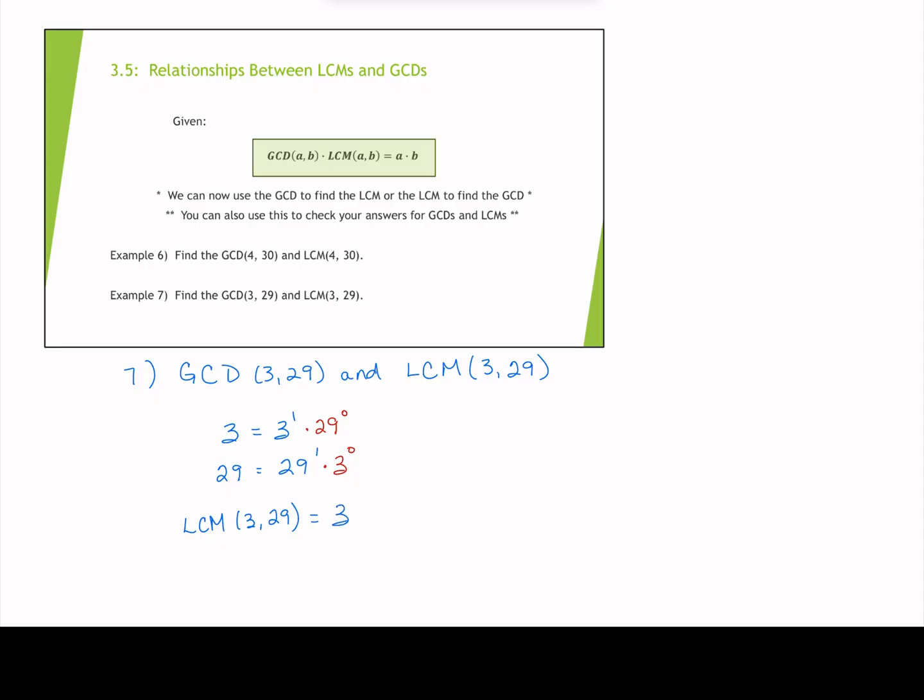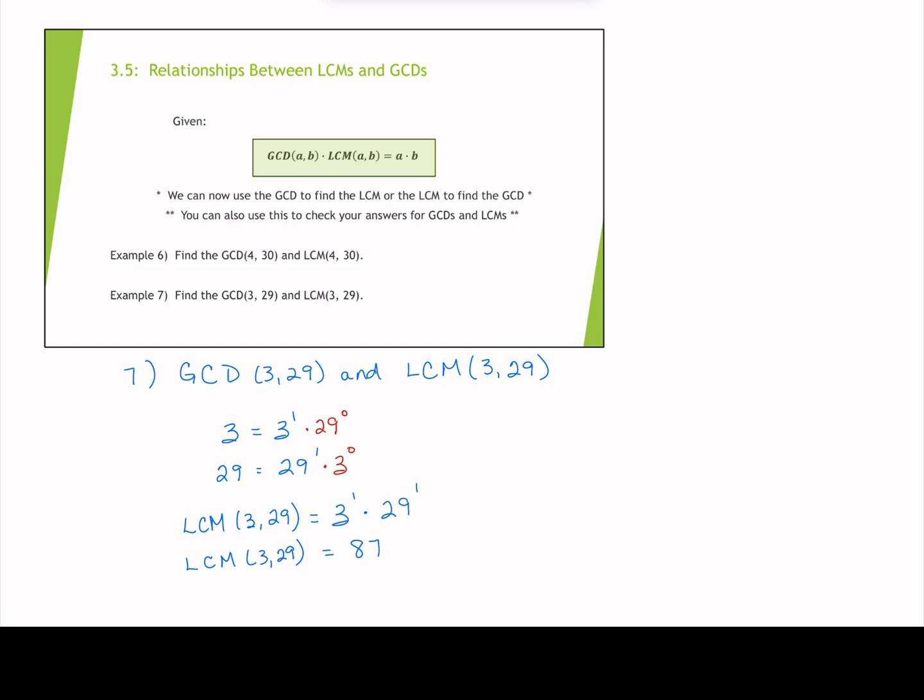So at the highest end, 3 to the power of 1 needs to be included, and so is 29 to the power of 1. The LCM for both 3 and 29 just requires us to multiply 3 by 29. In this case, what we get is 87 as our total value.